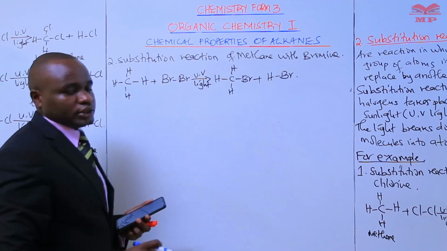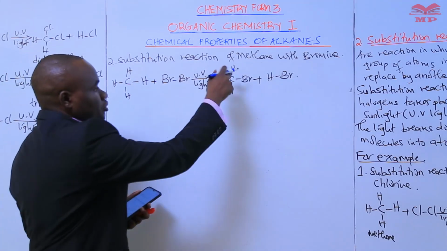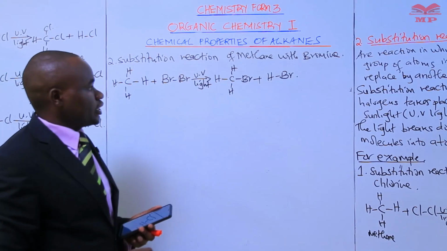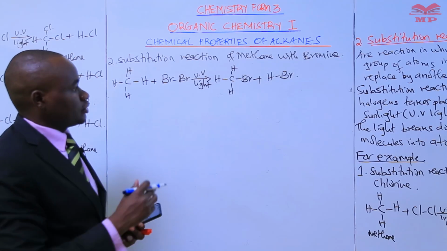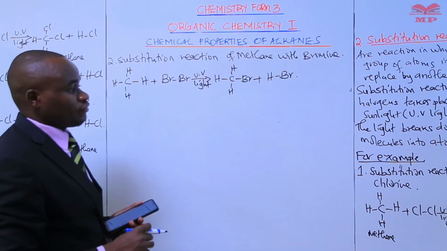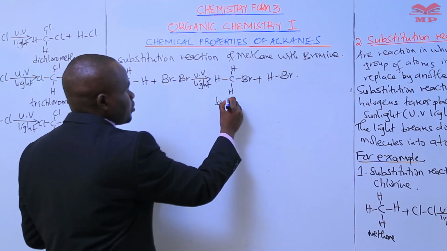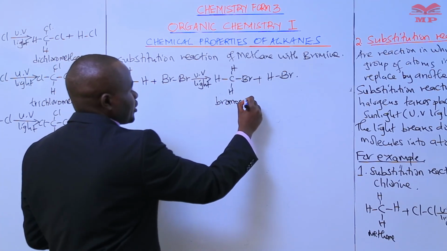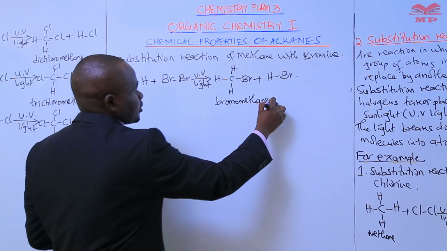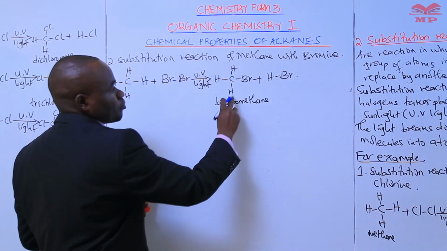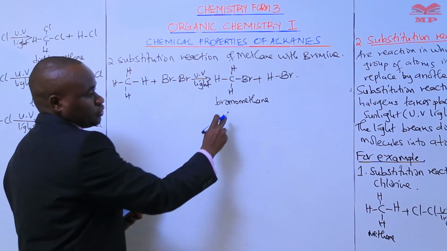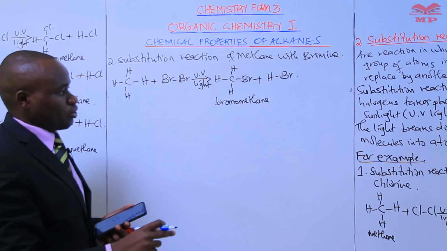This one contains a bromine bonded to 3 other hydrogens on carbon. Therefore, the name of this compound will be bromomethane. Bromo from bromine. So we don't write the whole word, but we use the bromo part.